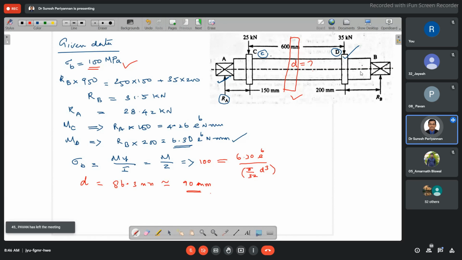Then you find the equivalent bending stress and equivalent shearing stress, and based on the permissible limit, the diameter of the shaft. It's a very valid question. But now sigma b is given as 100 megapascal, which may be suitable particularly at the center of the shaft. It's directly given, so we are doing this. Now clear?